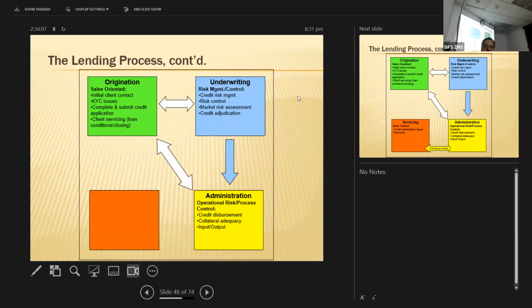So really, that's how the work should flow: origination, underwriting, administration, back to origination, until the loan is paid off.